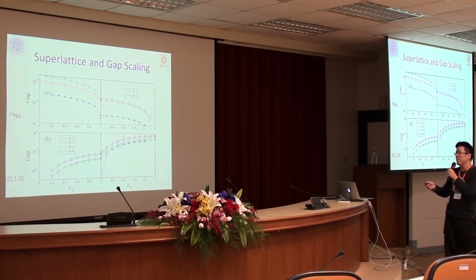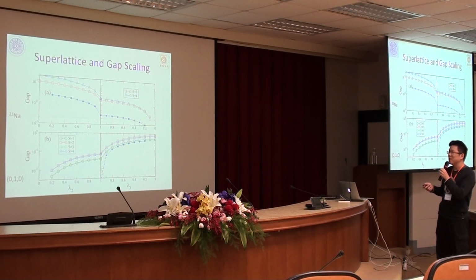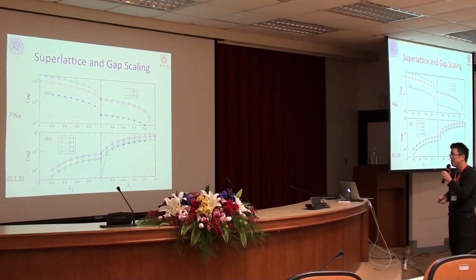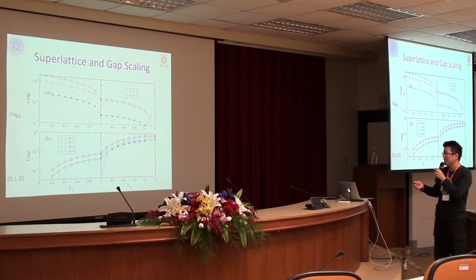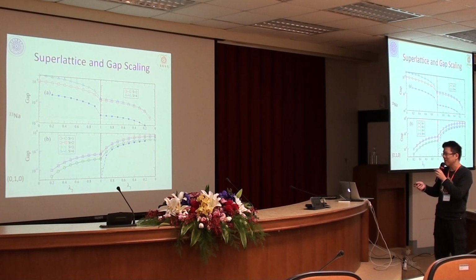But these open symbols are finite size calculations. If you extrapolate to infinite size, for the dimerized phase you see the gap remains. Now if you do the same for the trimerized phase with a 3-site superlattice at finite strength, you see there is a gap. But if you don't have any superlattice, it seems that the gap goes to 0.